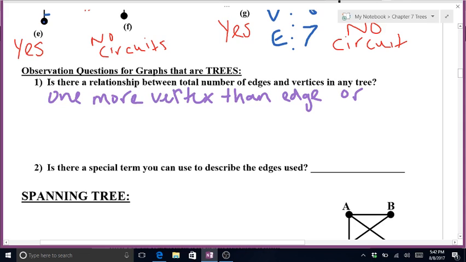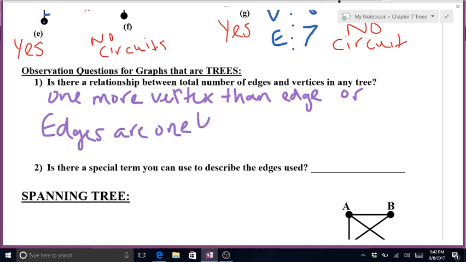Or we can say edges are one less than vertices. Both statements mean exactly the same thing.